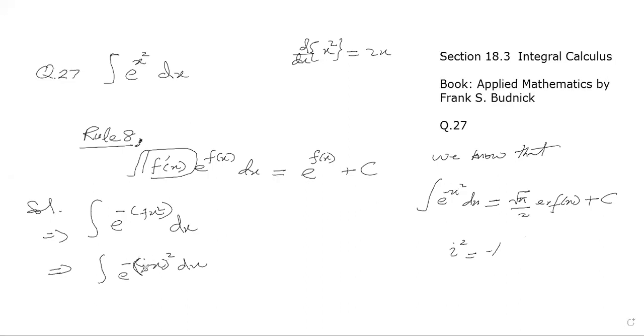So what do I do? We use the substitution method. Let's suppose a new variable u, where iota x is equal to u, and x is equal to 1 over iota u. Now I take the derivative: dx is equal to 1 over iota du.